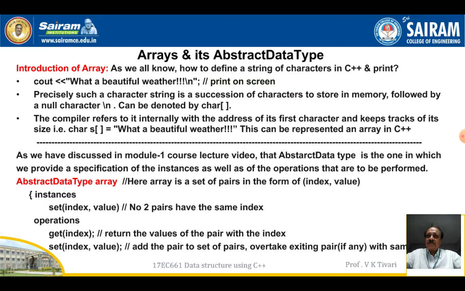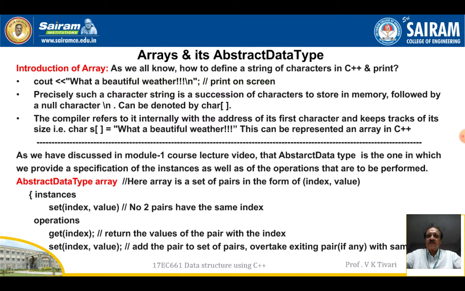What is an array? As we all know how to define a string of characters in C++ and print, we write cout, string "what is the beautiful weather", delimited by a null character, and it prints on the screen.